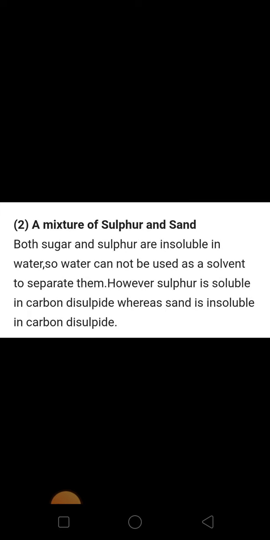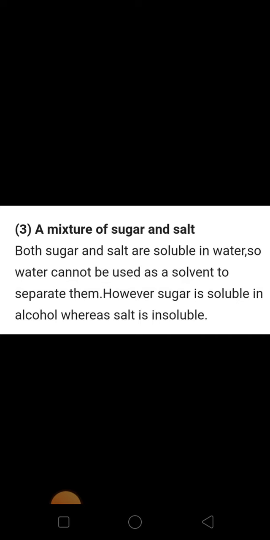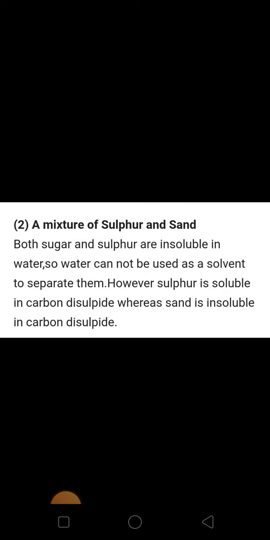Another example, a mixture of sulfur and sand. Both sulfur and sand are insoluble in water, so again water cannot be used as a solvent.